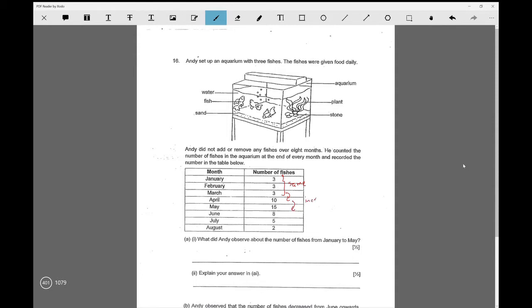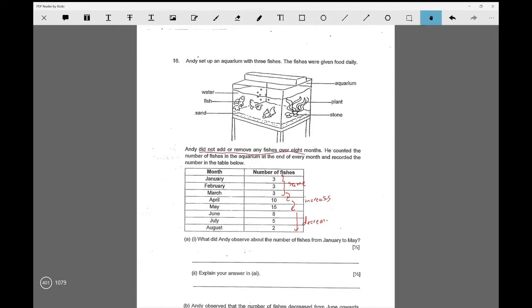There's an increase in the number of fishes. After that, it starts decreasing. From May onwards, from 15 fishes, it suddenly dropped to 8, 5, and then 2. He didn't put in any fish, he didn't take out any fish. It's mentioned here, so it must be because of natural causes. Something is happening inside the fish tank.